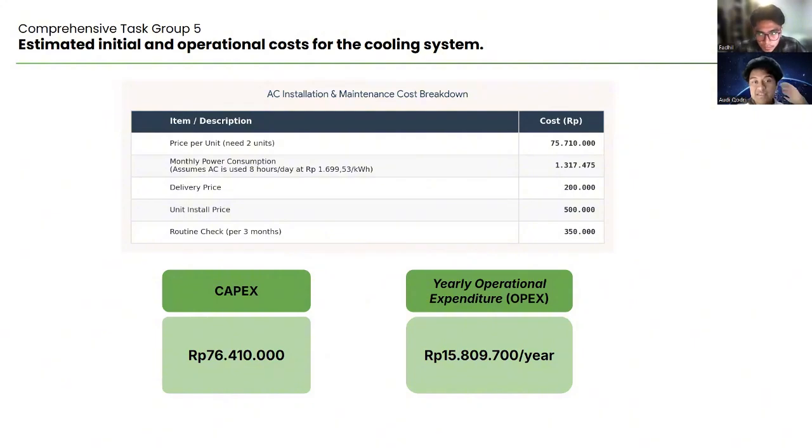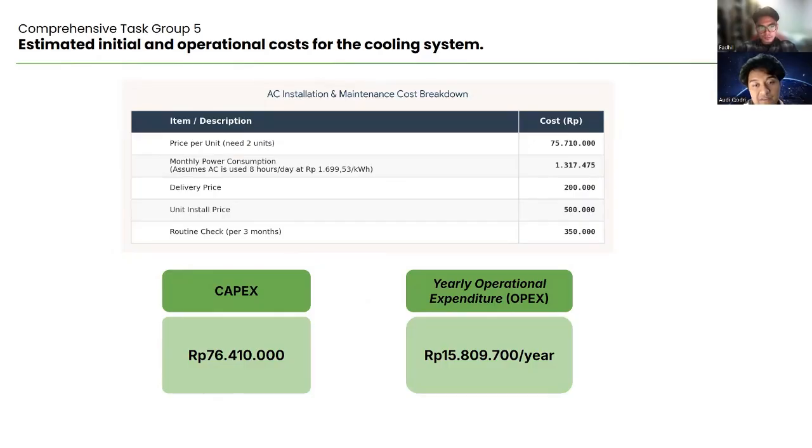So continuing to the estimated initial and operational cost for the cooling system. For the AC installation and maintenance cost breakdown, the price per unit, and we need 2 units, would be 75,710,000 rupiah. The monthly power consumption cost would be around 1,317,475 rupiah.